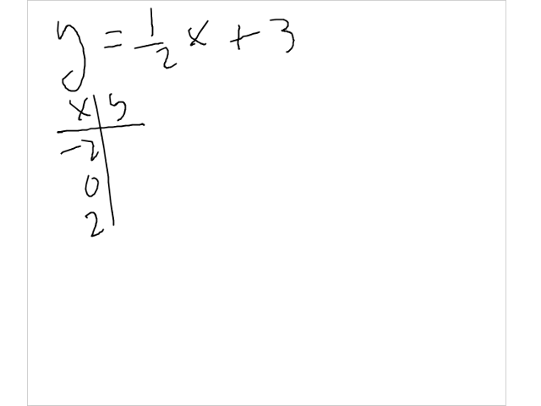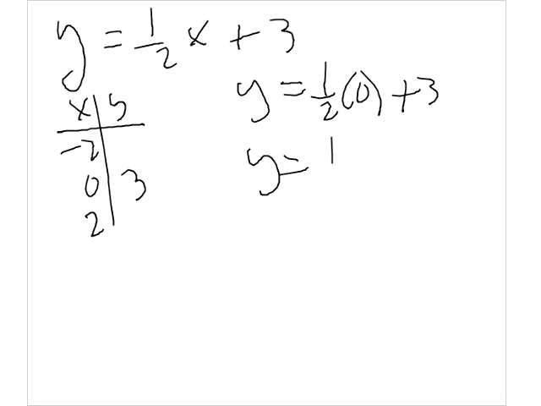I'll start off with 0 first because that's always the easiest one. When x equals 0, y equals 3. Then I'll plug in -2. Okay, a half times -2 gives us -1, and -1 plus 3 is 2.